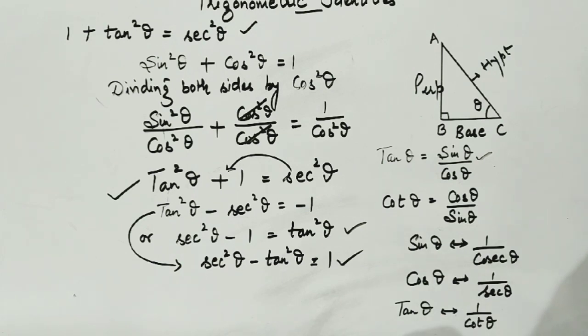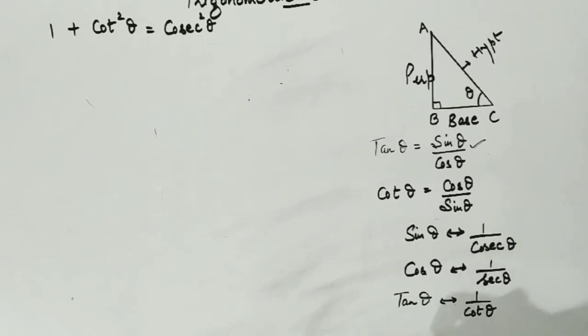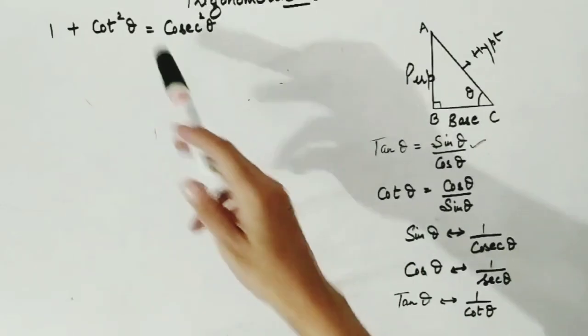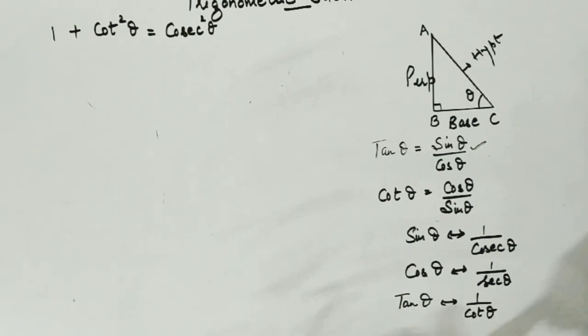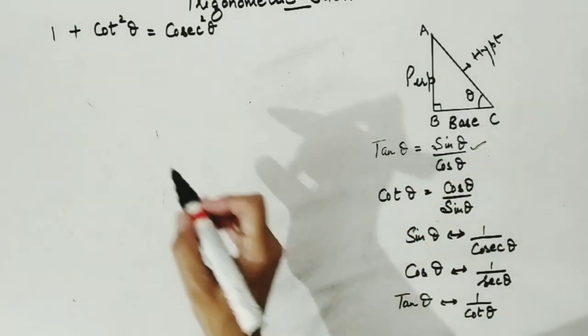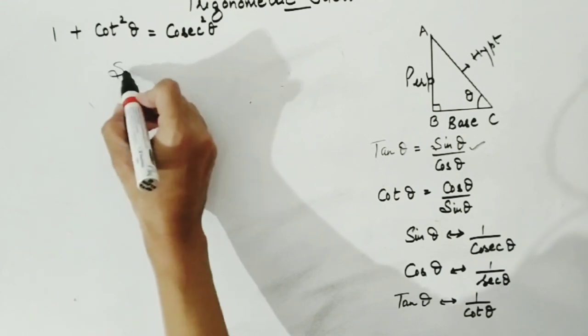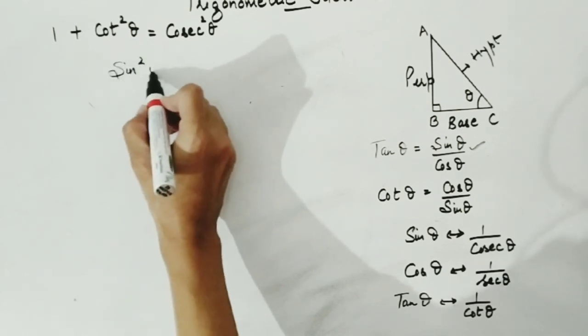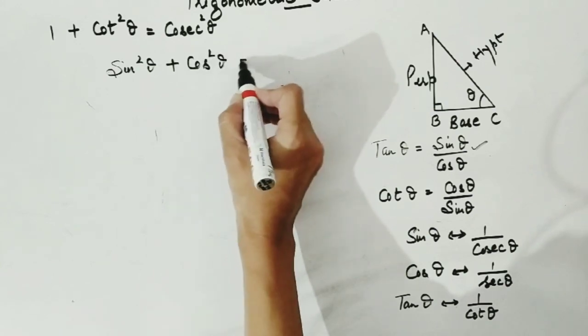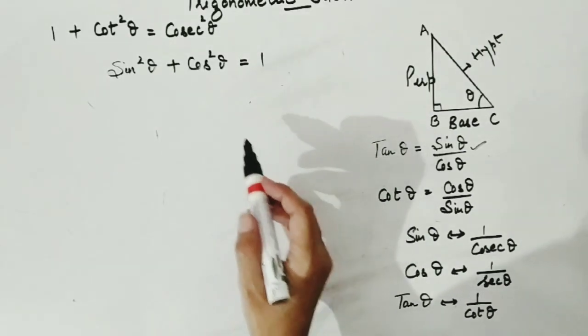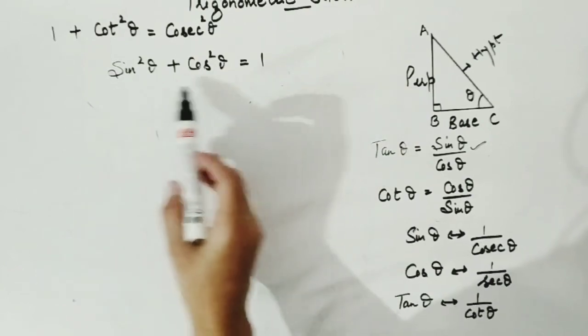from the third set. Next one is 1 plus cot square theta is cosec square theta. For this even we need our basic identity, which is that sine square theta plus cos square theta is 1. Alright, now what do you think?